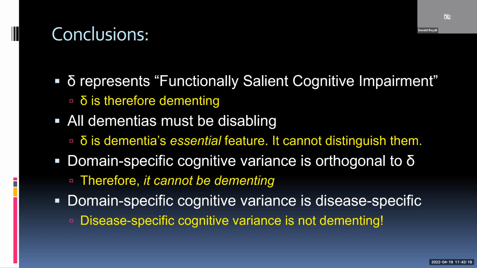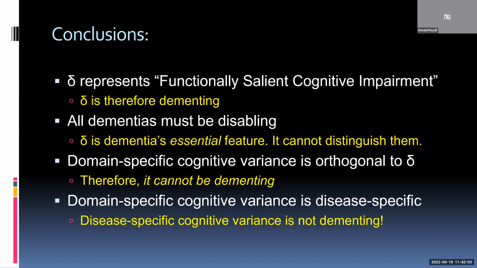All dementias must be disabling, and so D becomes dementia's essential feature. And that explains why it can't distinguish between any two dementing illnesses. It can distinguish dementia from non-dementing cognitive changes, but it cannot distinguish any two dementing illnesses. And domain-specific variance is orthogonal to D. So ideally, because you've adjusted it for G, or it wouldn't be domain-specific.